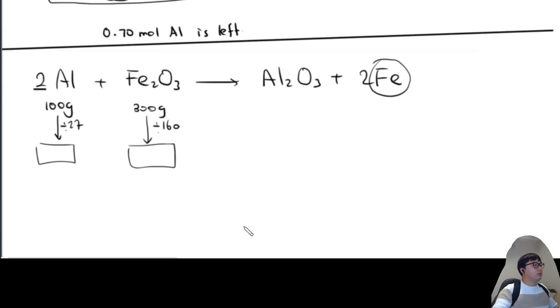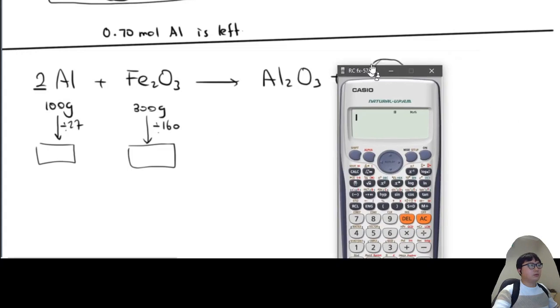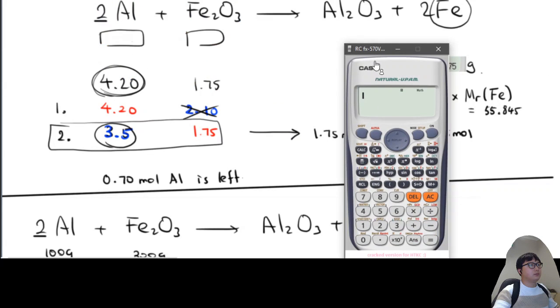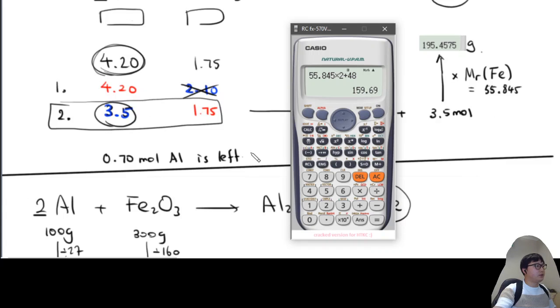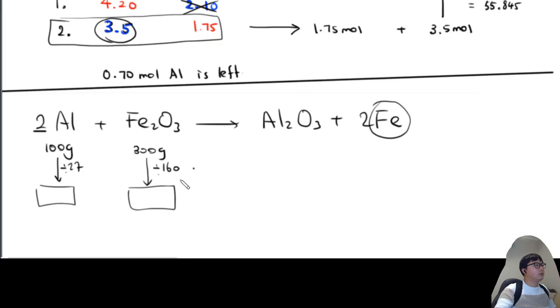Let me just double check. So 55.845 times 2 plus 48, right? So that's 159 there, so 160. Yeah, 160 is correct.